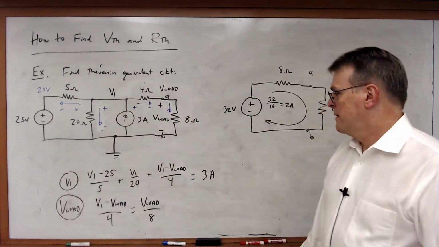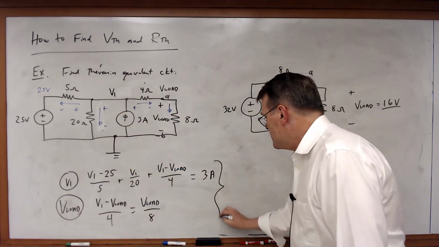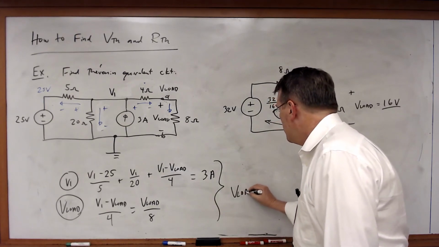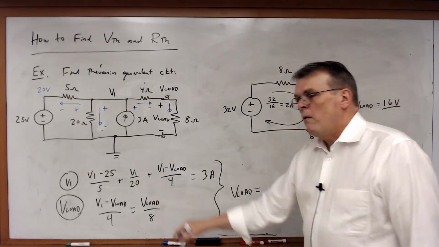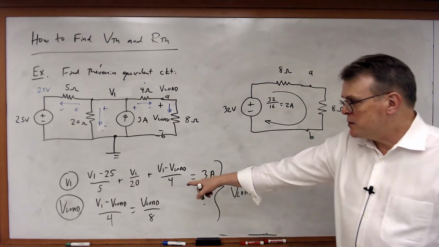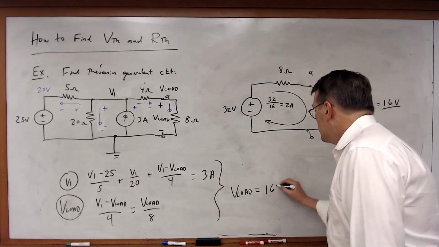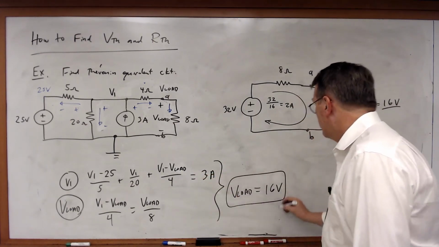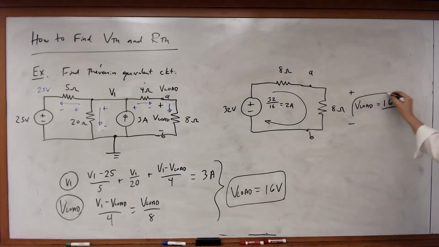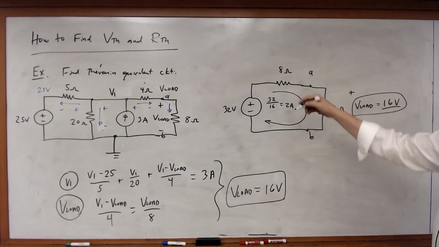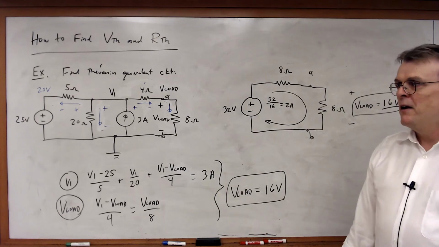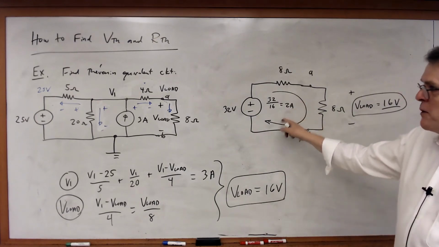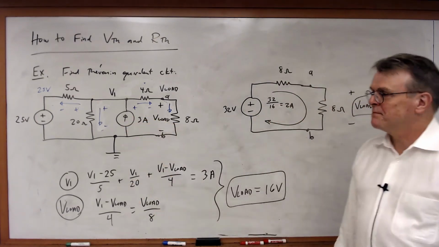And I solve. If I solve these, guess what V load is equal to? Hopefully it won't surprise you that V load is equal to 16 volts. In other words, I get exactly the same answer as I did with the Thevenin equivalent circuit. So this is a valid transformation for that original circuit.